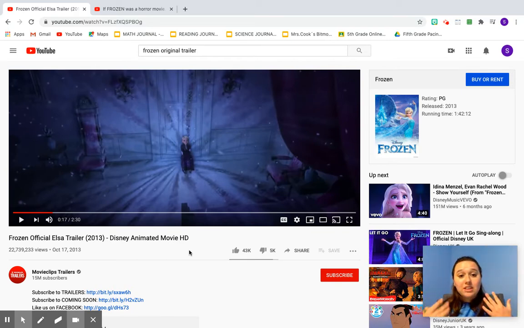So the tone that the narrator is giving off there is a very serious tone. He's describing these events that have happened and how it's almost like destroyed this land that used to be bright and warm, and now it's covered in snow.